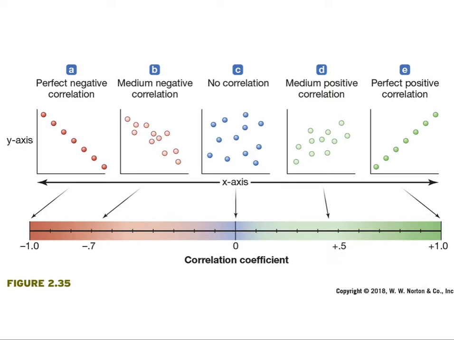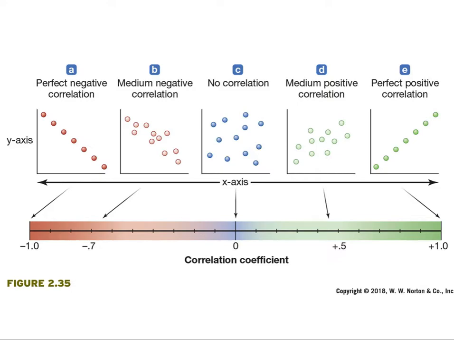Here are some examples of these scatter plots and what they mean. As I mentioned, correlations can differ between values of -1 and +1. These values reveal different kinds of relationships between two variables. The greater the scatter of values, the lower the correlation. A perfect correlation occurs when all the values fall on a straight line.